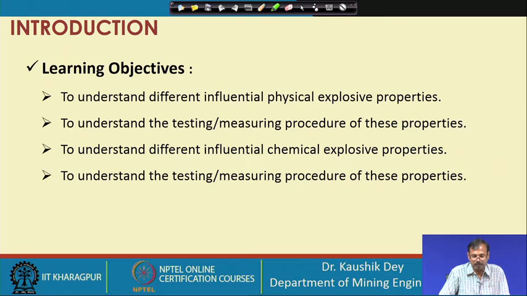Basically, we have classified these properties into two groups, physical properties and chemical properties. Most of the time we rely on the physical properties and we measure those. Chemical properties are not within the purview of mining engineers. Generally, chemists and chemical engineers take care of those properties. We are more accustomed to the physical explosive properties, and we will discuss mostly the physical explosive properties only.